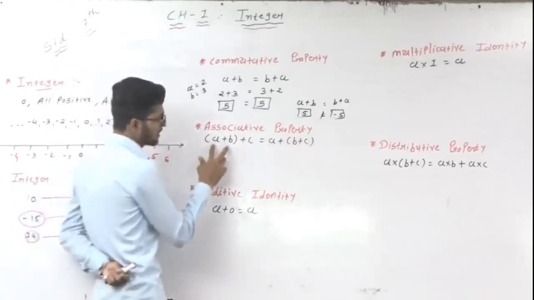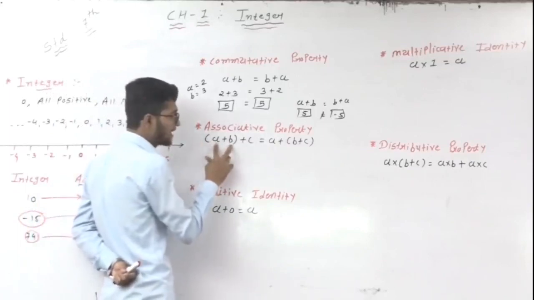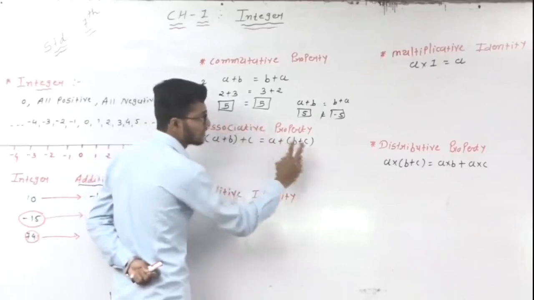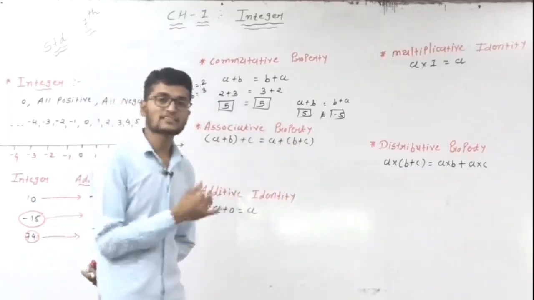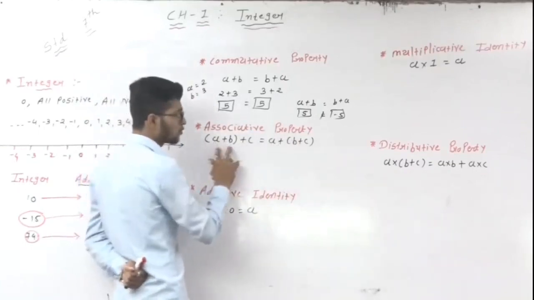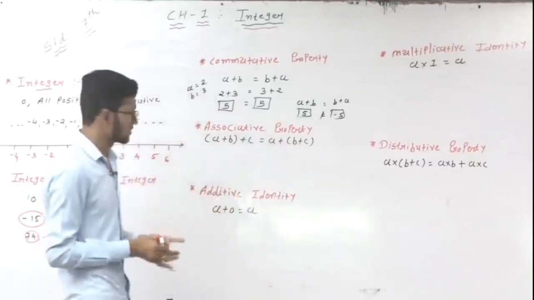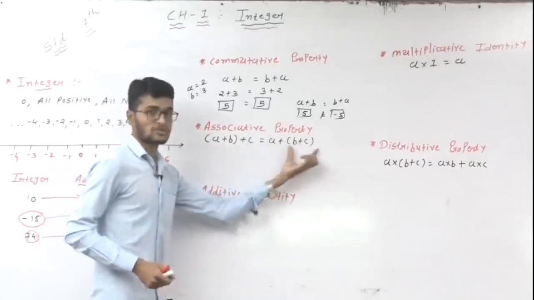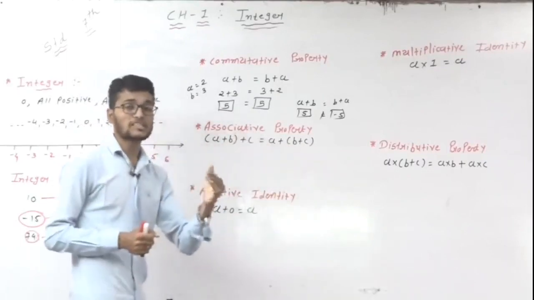Here, dear students, the group is a plus b, but on this side b plus c, it means the group is changed, the place is changed, but the answer is the same. Here a plus b, here b plus c, which means the group changes, but the answer is the same. It's called the associative property.